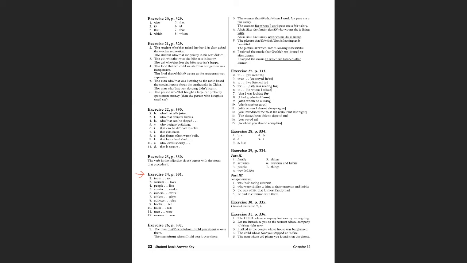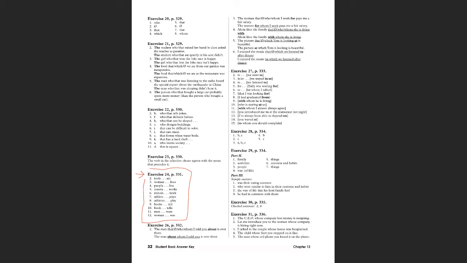Number 10, book, and circle tells with the S. Number 11, men, circle were. And number 12, woman, was. Done. Good. A lot of homework. Good job, guys. Did everybody get those correct?